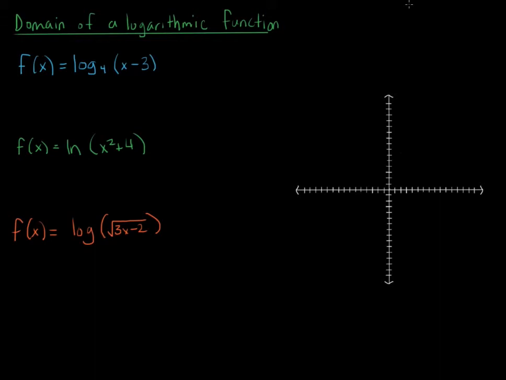So when we have a basic logarithmic function, it has a vertical asymptote at x equals 0, like that, and it kind of goes like this.